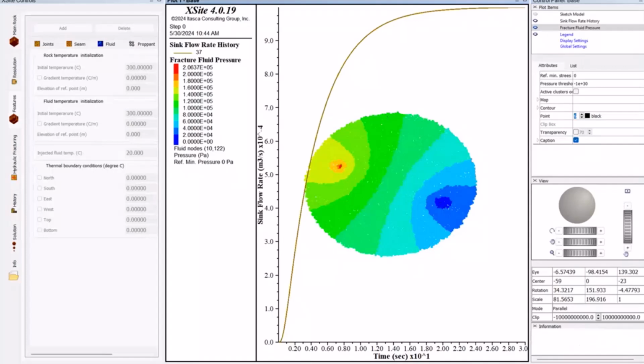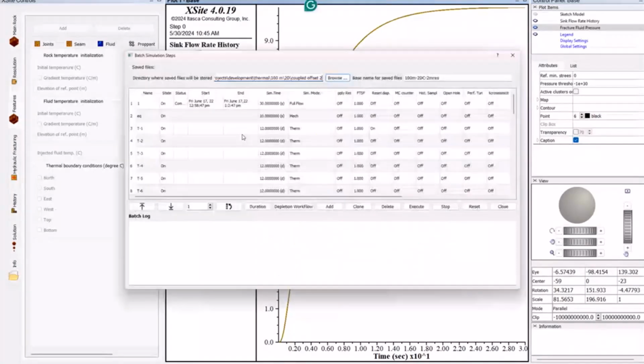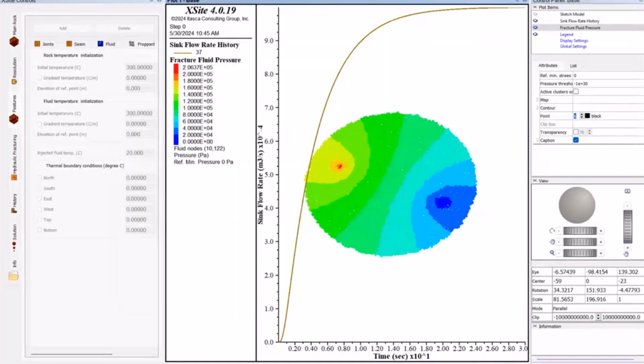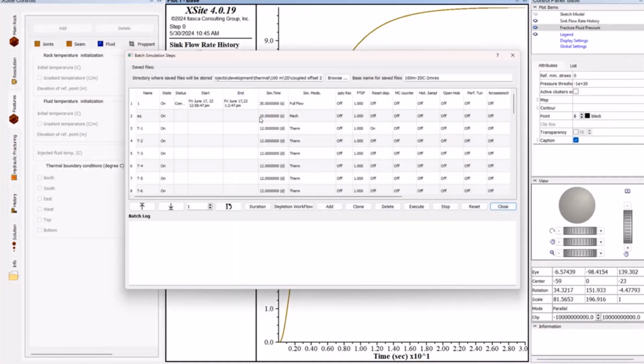So if we go here in the batch window where we specified all simulation steps, the next step was running the model to mechanical equilibrium. I'm not going to go there because of the time limitations.